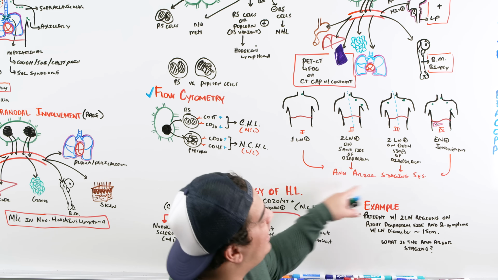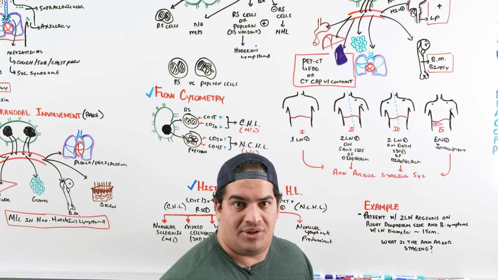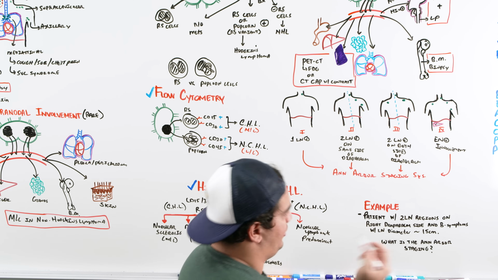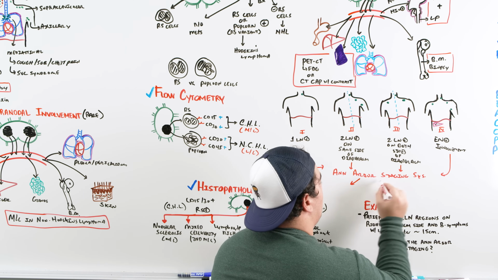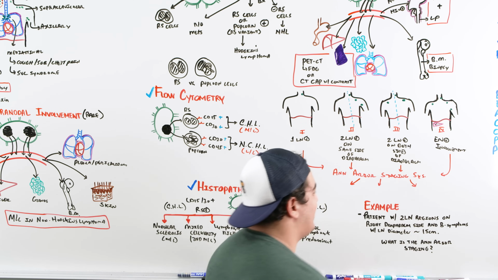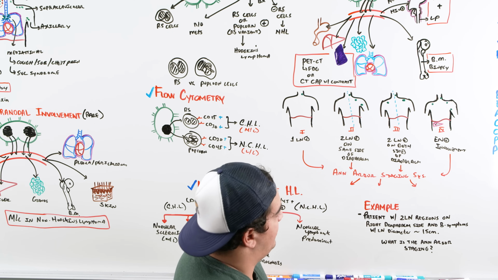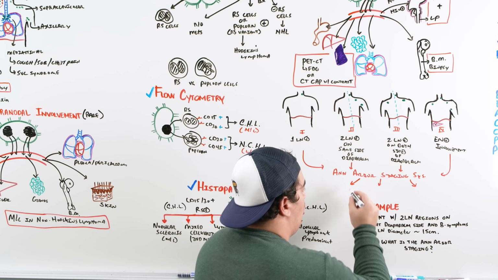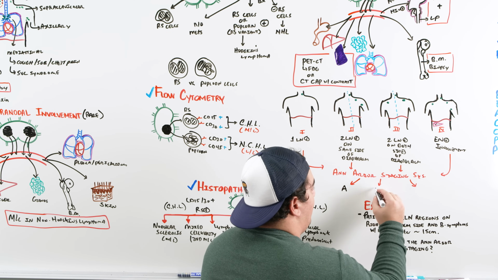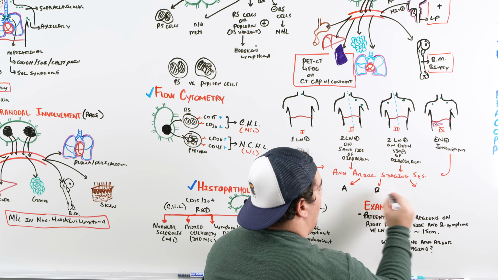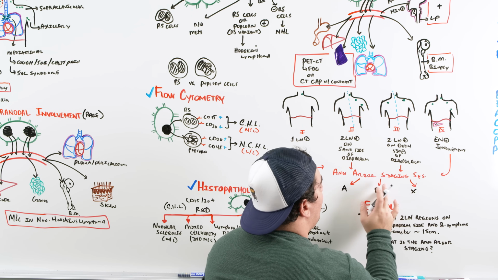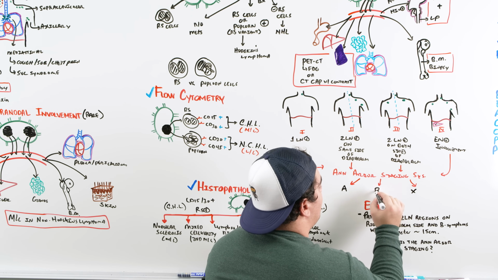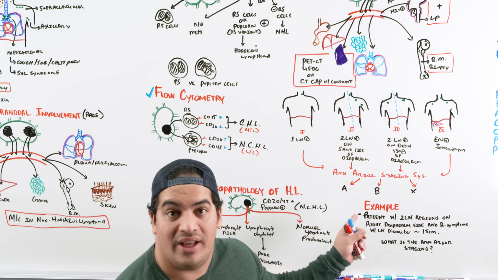Now, you can actually add on to this Ann Arbor staging system with a sub-classification system. You're like, oh man, can't we just make it simple? I promise it's not terrible. It consists of 3 sub-classifications, denoted by A, B, and X. Now, A is the absence of B symptoms. This is based upon their clinical history.